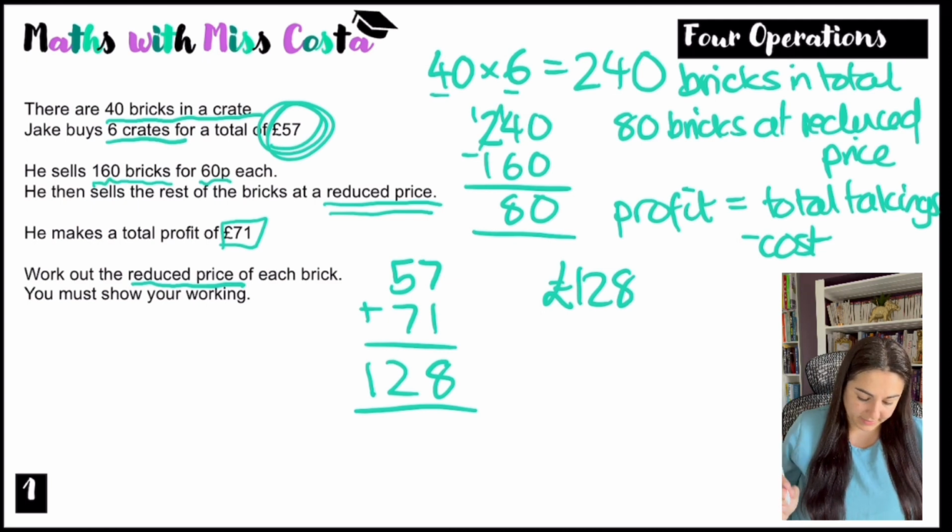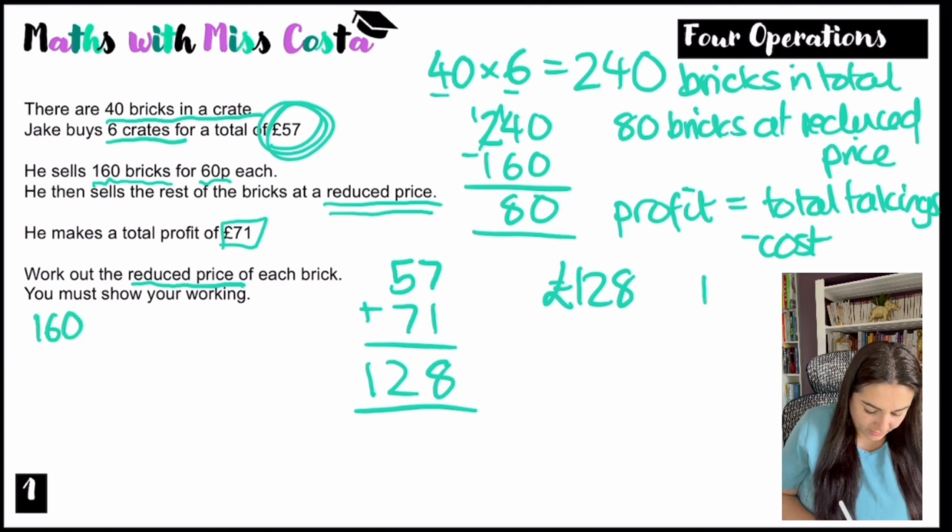Now, he sells the 160 bricks at 60p each, so I want to work out what taking he makes from that. So 160 times 60. I can just do this using the lattice method.